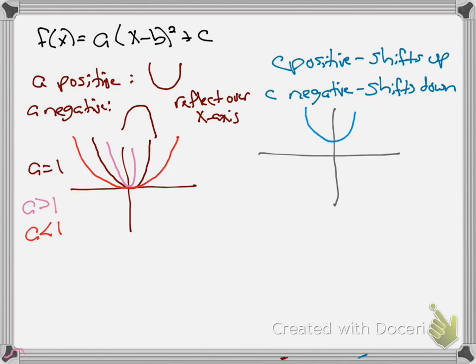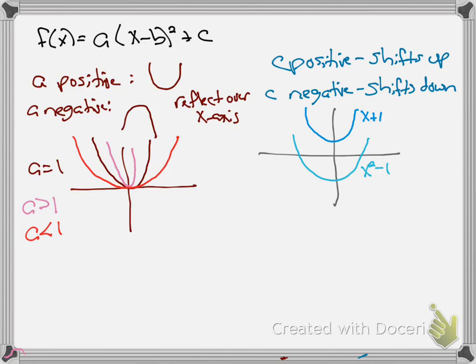So for example, that's x squared plus 1, that's x squared minus 1. So it's a simple shift up and shift down. If it's plus, it shifts up. If it's minus, it shifts down.